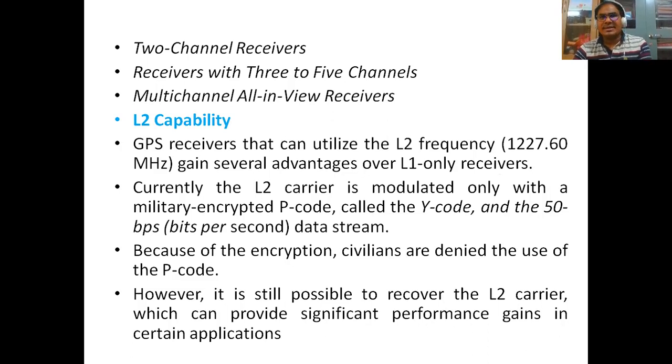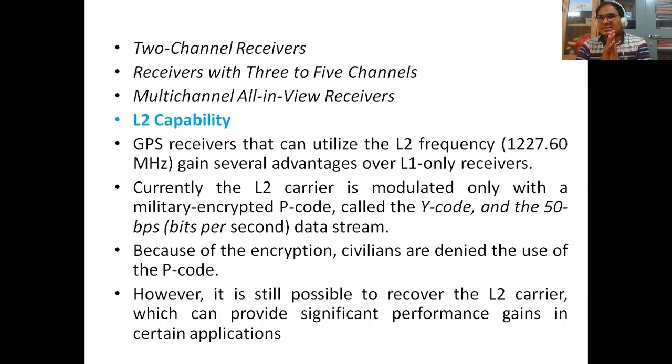The next receiver design choice is the L2 capability. The GPS receivers that can utilize the L2 frequency gain several advantages over the L1 only receivers. See here, the GPS receivers may have the capability of L1 only or may come with L1 and L2.